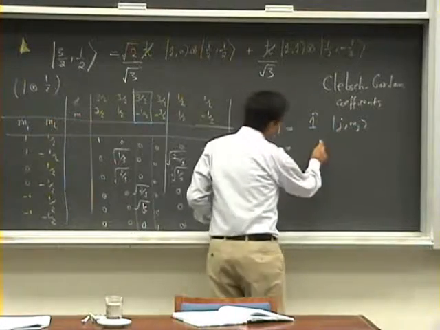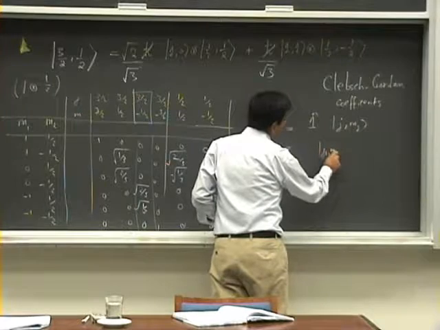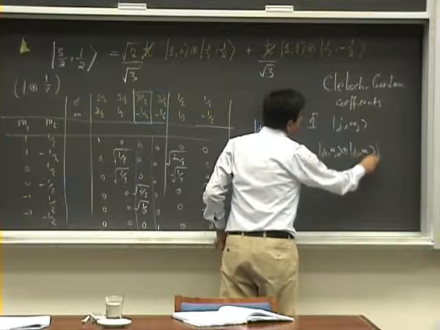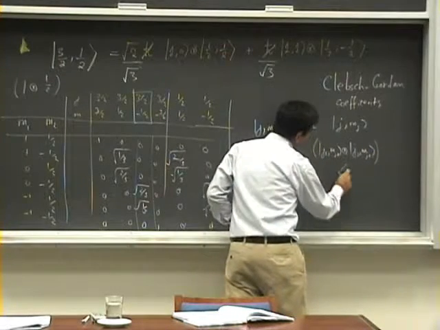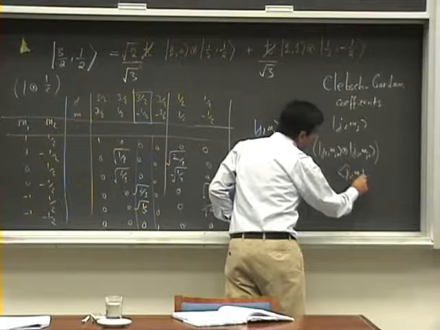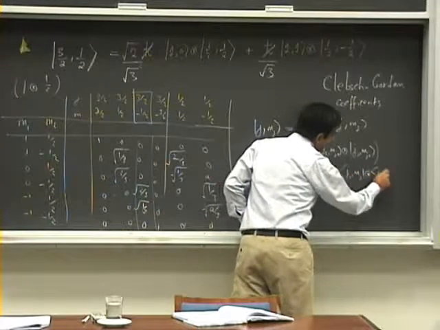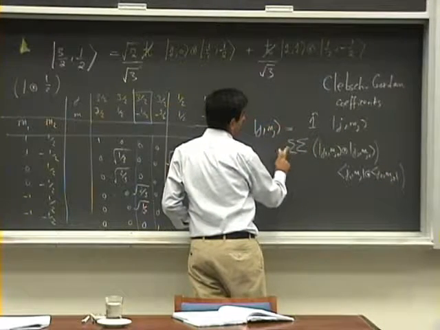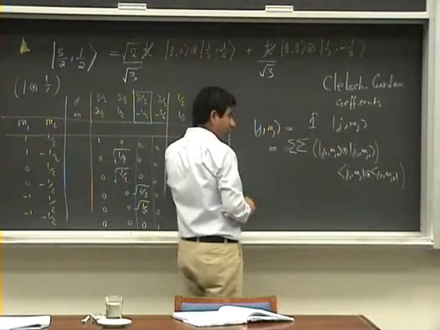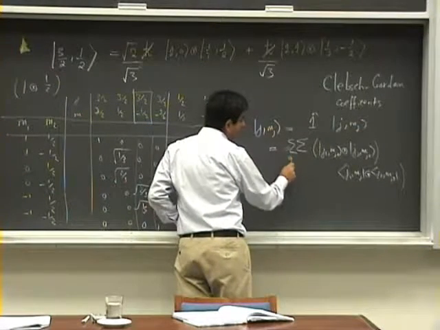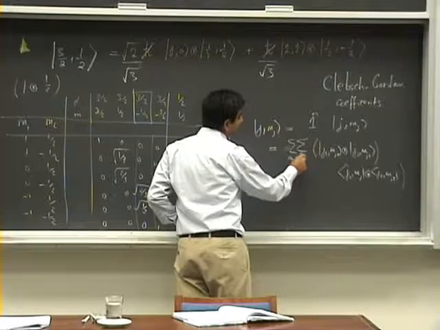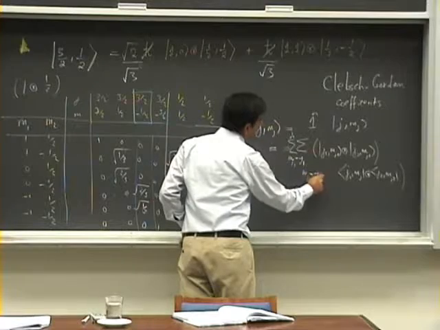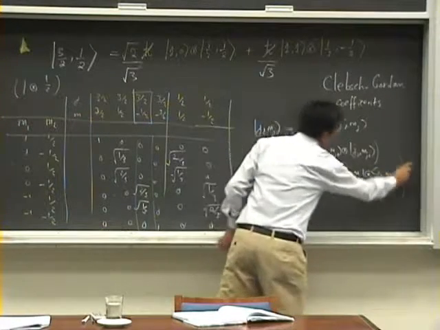So I can expand the identity in the following fashion: J1 mJ1 cross with J2 mJ2, bra J1 mJ1 J2 mJ2, summed over all possible values of mJ1, which go from minus J1 to plus J1, and mJ2, which go from minus J2 to plus J2, acting on J mJ.